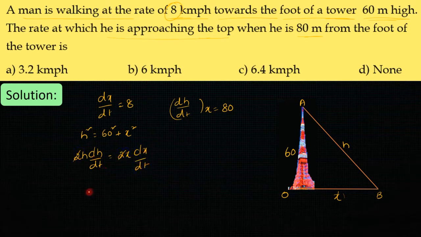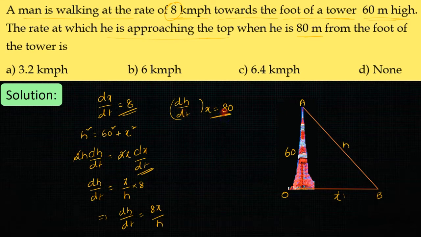Here 2 gets cancelled. dh by dt is equal to x by h into, here dx by dt is 8. This implies dh by dt is equal to 8x divided by h. We have to find dh by dt at x equal to 80. At x equal to 80, now we have to find h first.